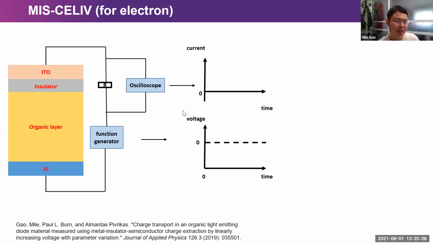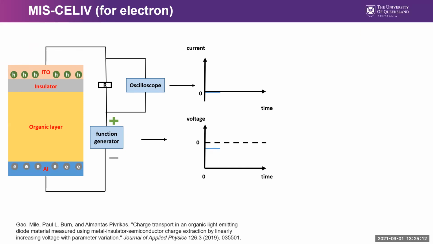When we first apply a small offset voltage, the device will act as a normal capacitor with charges injected and reach a stable status. At this time, the capacitance is fully charged. Ideally, there should be no current detected from the oscilloscope.